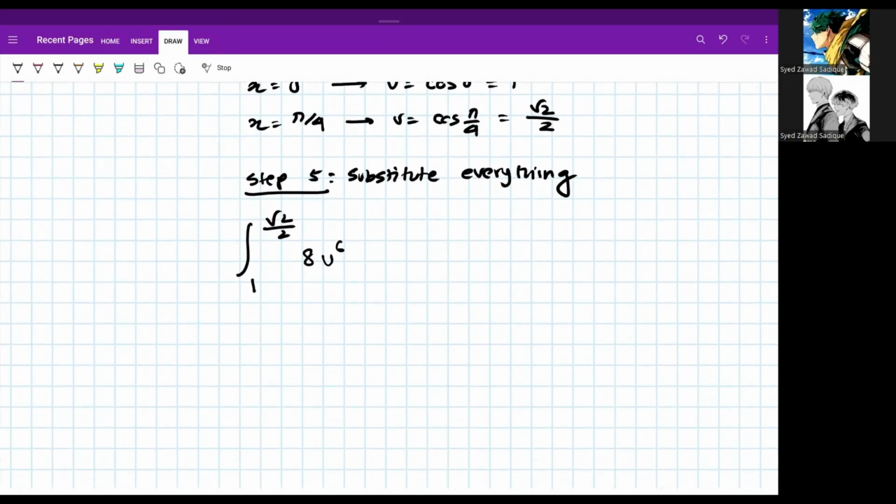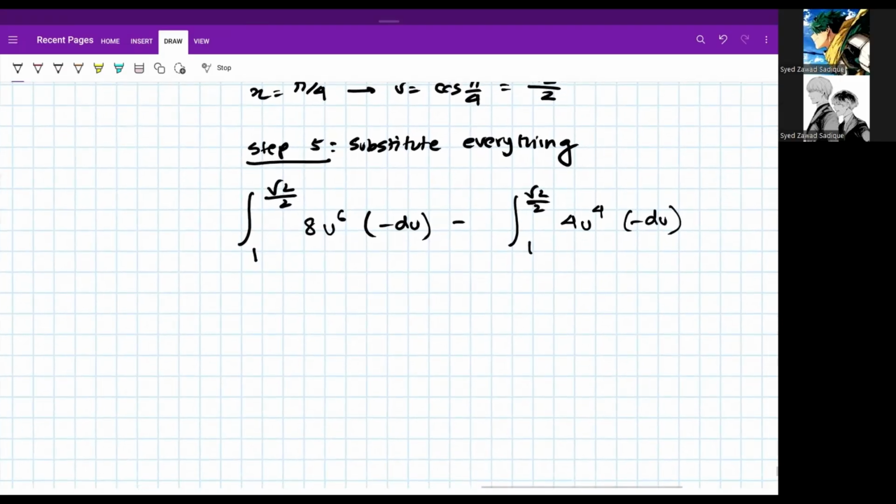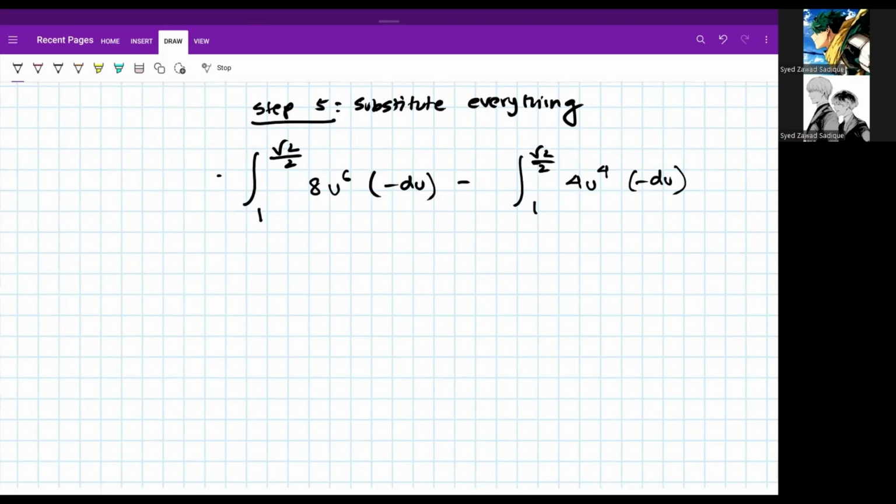So you can say minus du, minus again, the integral from root 2 by 2 to 1 of 4 u to the power 4 minus du. It's better if you guys break it into two integrations, so that makes things easier.